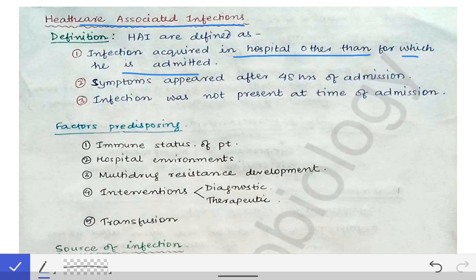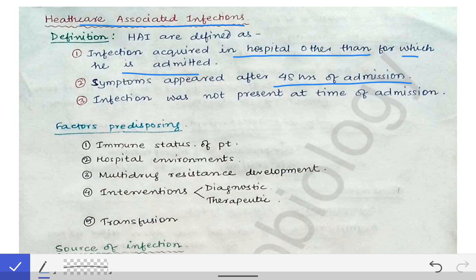Plus, the symptoms appeared after 48 hours of admission. If he is getting the symptoms of pneumonia, there are two possibilities: either he or she has received that infection in the community or in the hospital. So when do we call it that the patient has acquired pneumonia in the hospital?